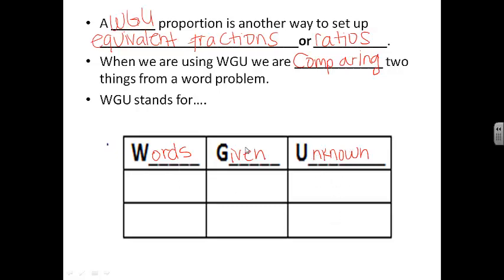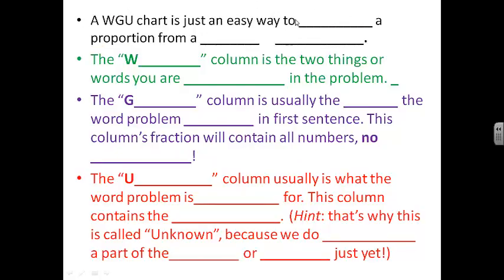Okay, so words, given, and unknown. A WGU chart is an easy way to set up a proportion from a word problem. Like I said, you'll know how to work out the proportion, but the hardest part is setting up from a word problem.